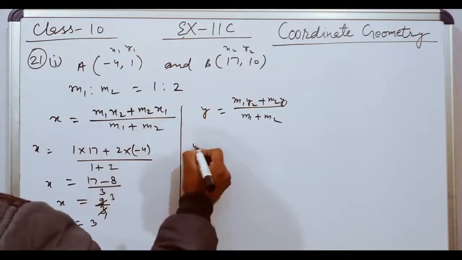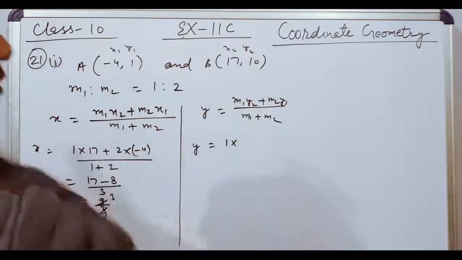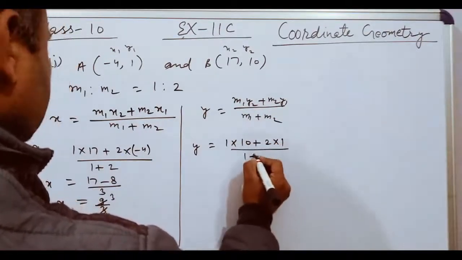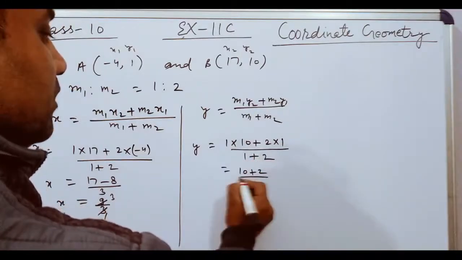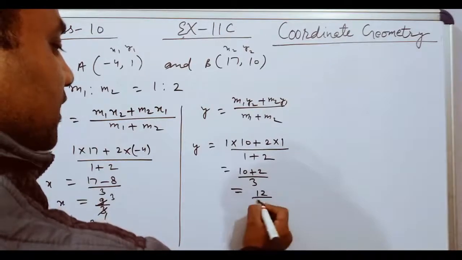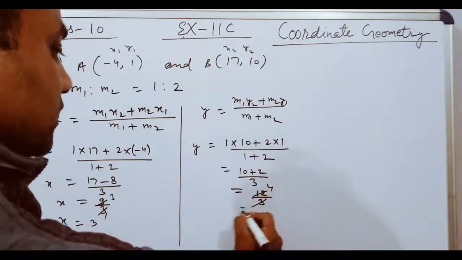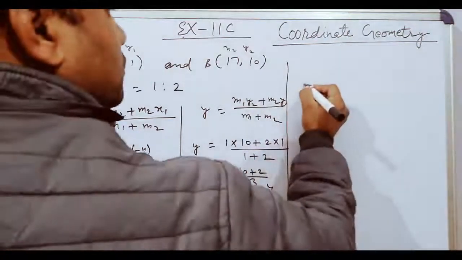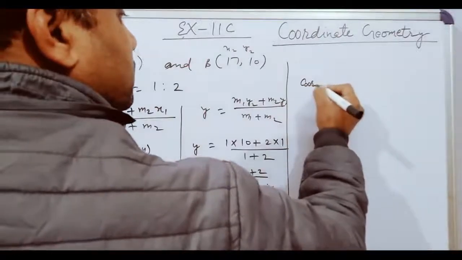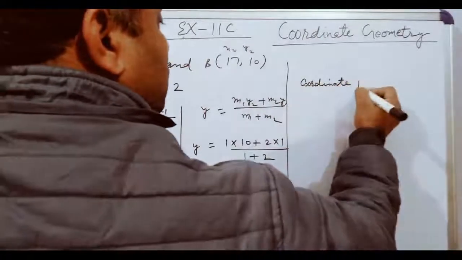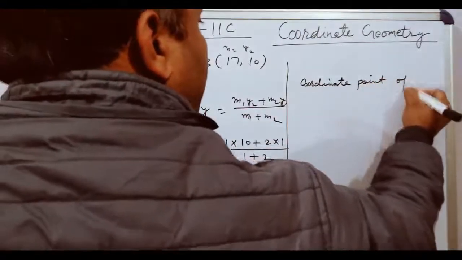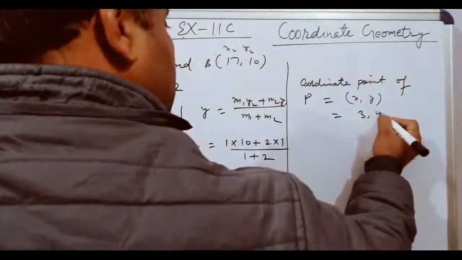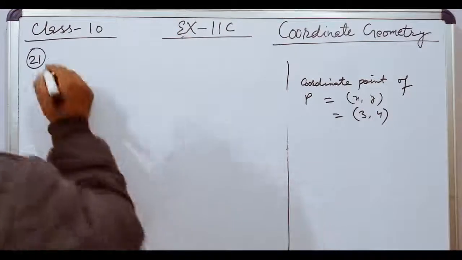And y equal to 1 into 10 plus 2 into 1, upon 1 plus 2, which is 12 upon 3, so y is 4. So the coordinates of point P equal (3, 4).